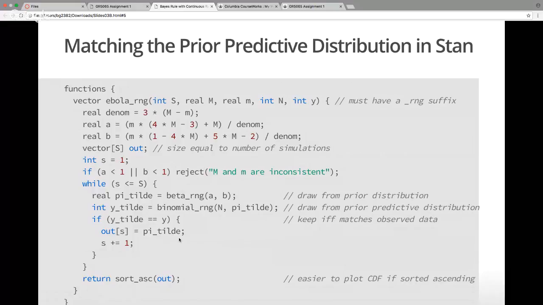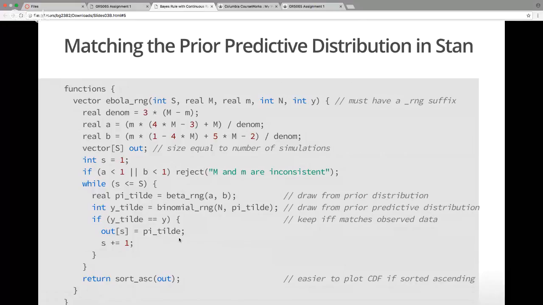If not, then I just throw away that draw of pi tilde and keep on while looping. Eventually, I'm going to fill up my vector to go out, and then I return it. First, in order to make this easier to plot, I'm going to sort it from biggest to smallest.